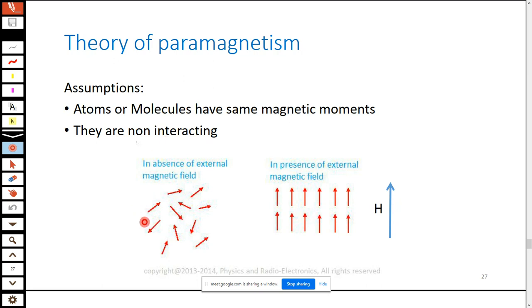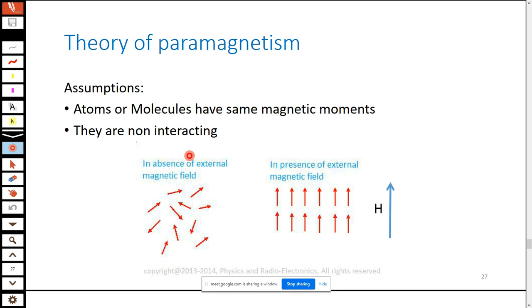So what is a paramagnet? You have partially filled orbitals, and that gives rise to a finite magnetic moment. When the theory was developed, we are only talking about a classical explanation of paramagnetism. In magnetism, we always have two different explanations.